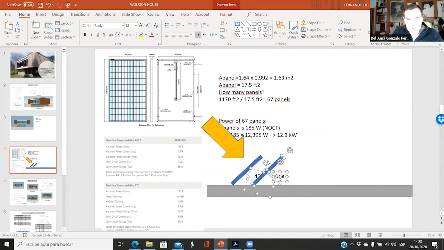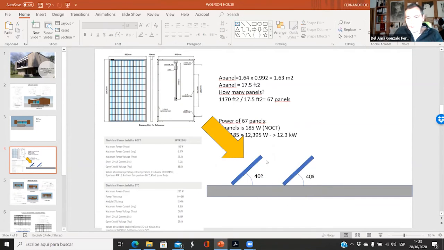So we need to separate the panels so that we don't have shade here. Okay, this can be a shaded area, and this panel is not working if it's in shade.